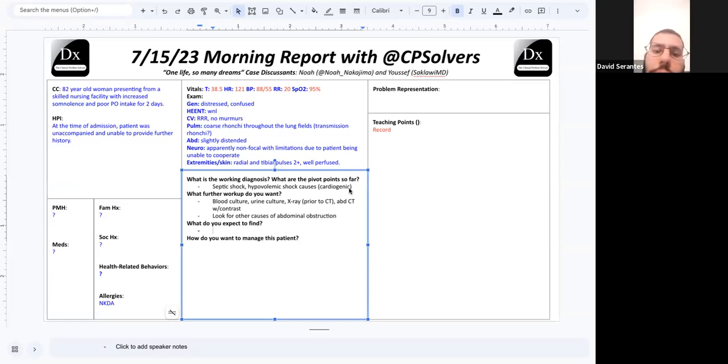Another test I forgot would be an ultrasound to look for urinary retention, and to try to address more or less the volemia, the volume state of the patient.